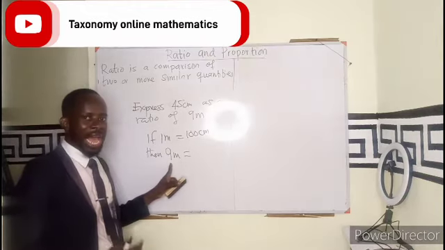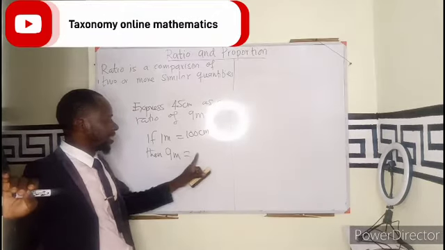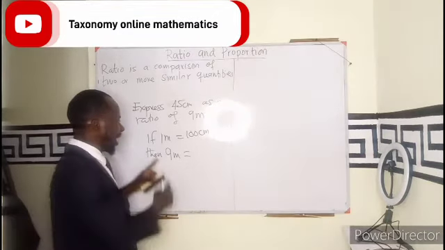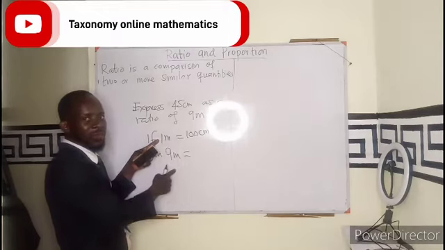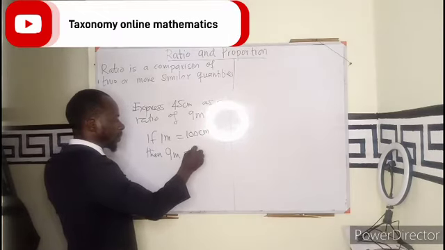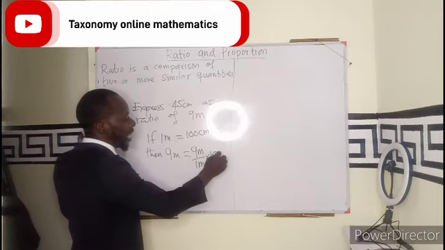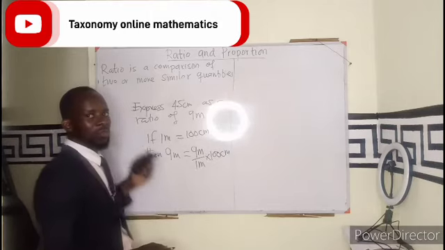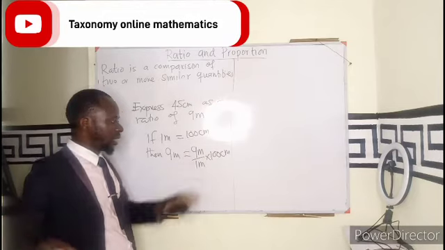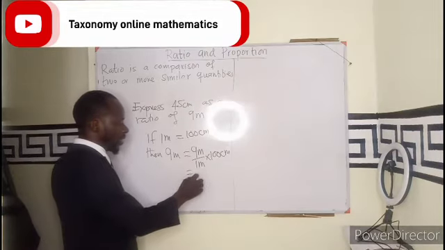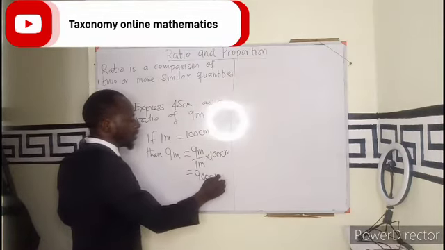So we normally have an acronym that says that if the answer is going to be more, then the length between the meters will divide. So I'll be having 9 meter over 1 meter times the 100 centimeter. So our meters will cancel. 9 times 100 is 900 centimeters.